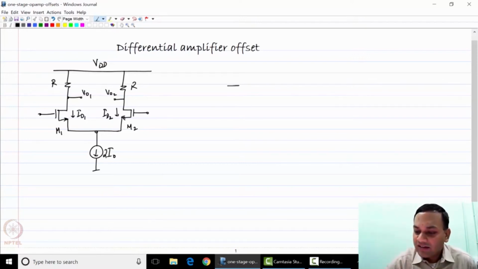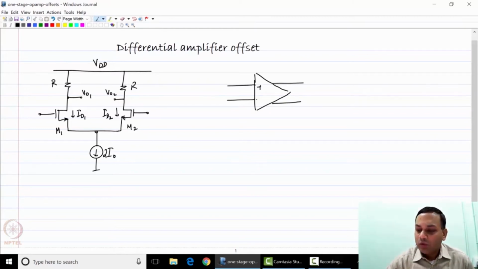Now this as a block diagram can of course be represented in this form, and if you were to represent the offsets in the circuit, the mismatches in the circuit, as an offset voltage, you would do it as a series voltage source, and by convention we would use the signs so that a positive voltage needs to be applied.